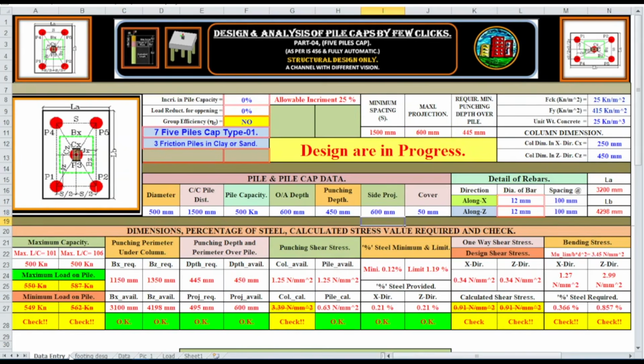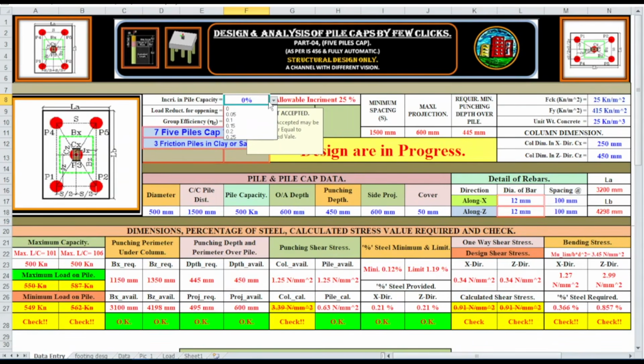Now look here, maximum capacity 5001 and load case 106, 500 kilonewton, because we have not increased the pile capacity. Allowable increment 25%.